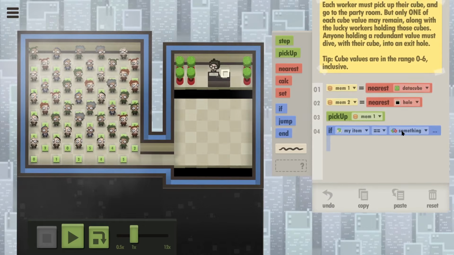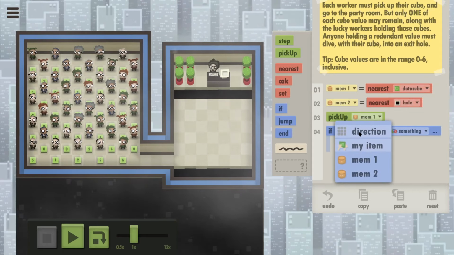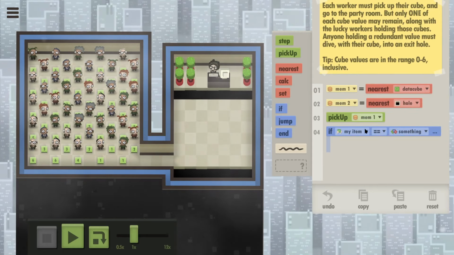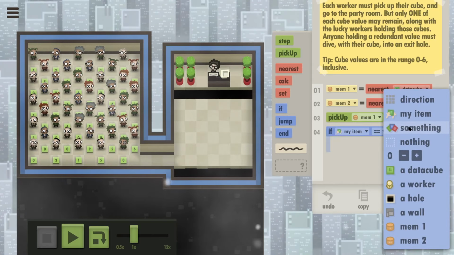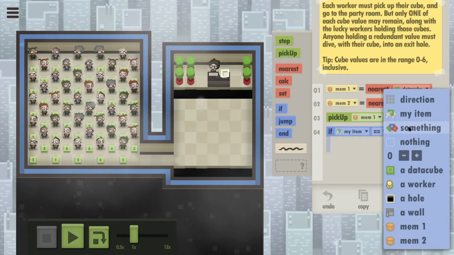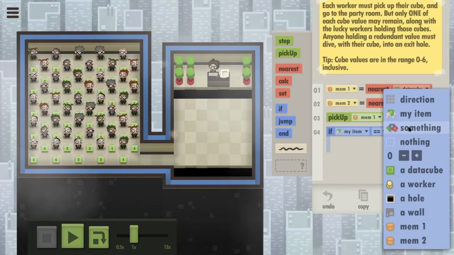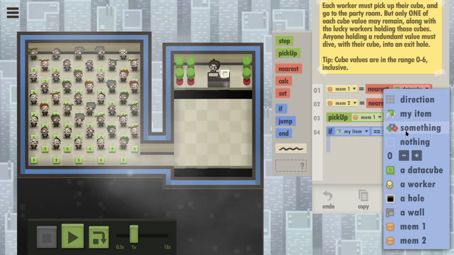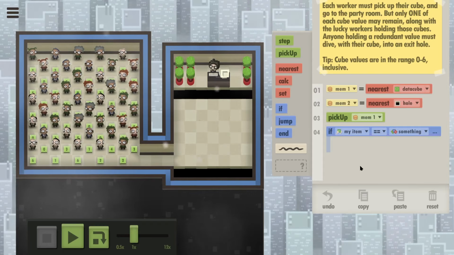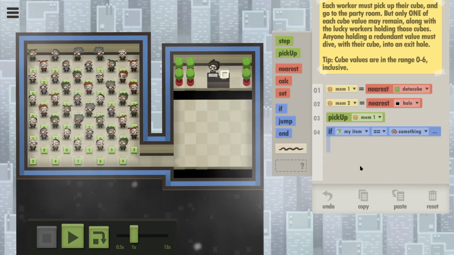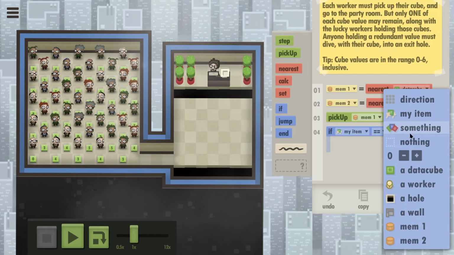I don't quite know what the something means. I've never used a something. Oh, is it just if it's anything? Okay, so if... The other thing that I find tricky is how do you have two people compare them and only have one of them kill themselves? In 11 moves.